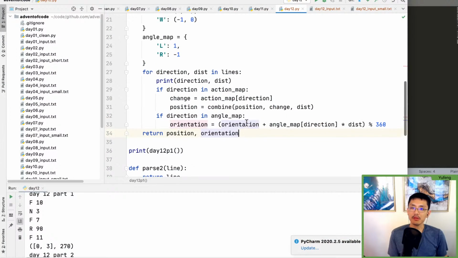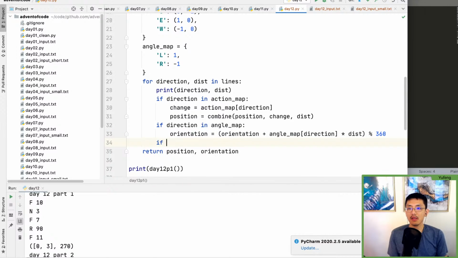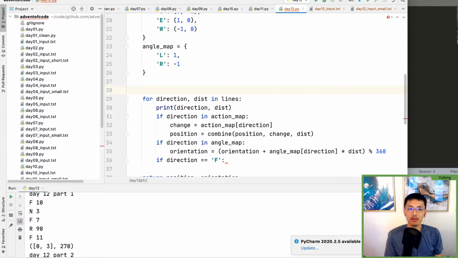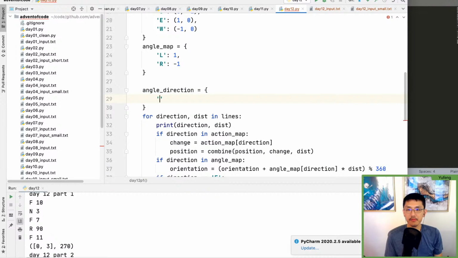Now we have to figure out this forward nonsense. If direction equals forward, then we just want to move in the direction based on the angle. Let's do this mapping then. This is angle to direction 0.